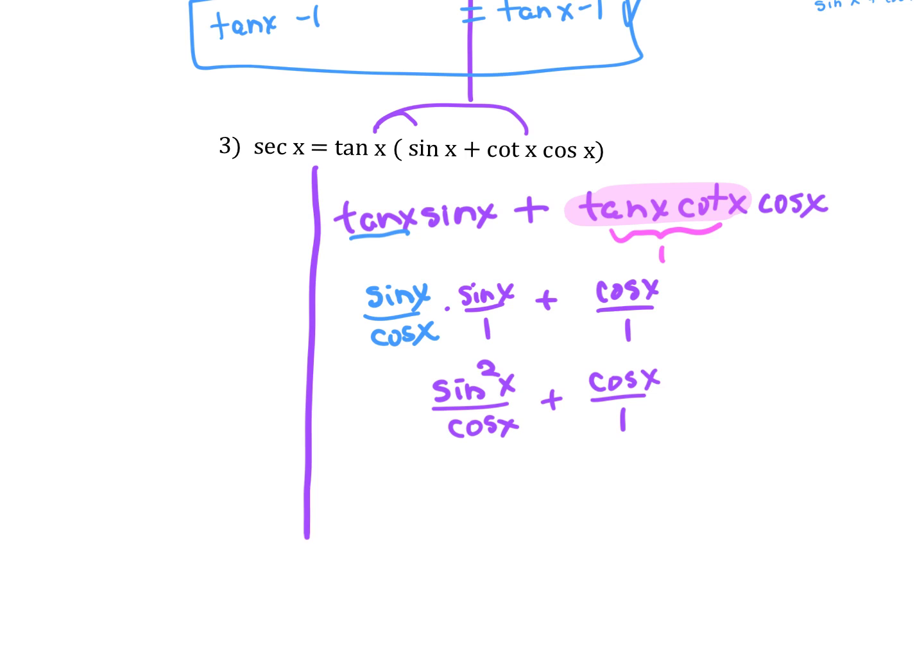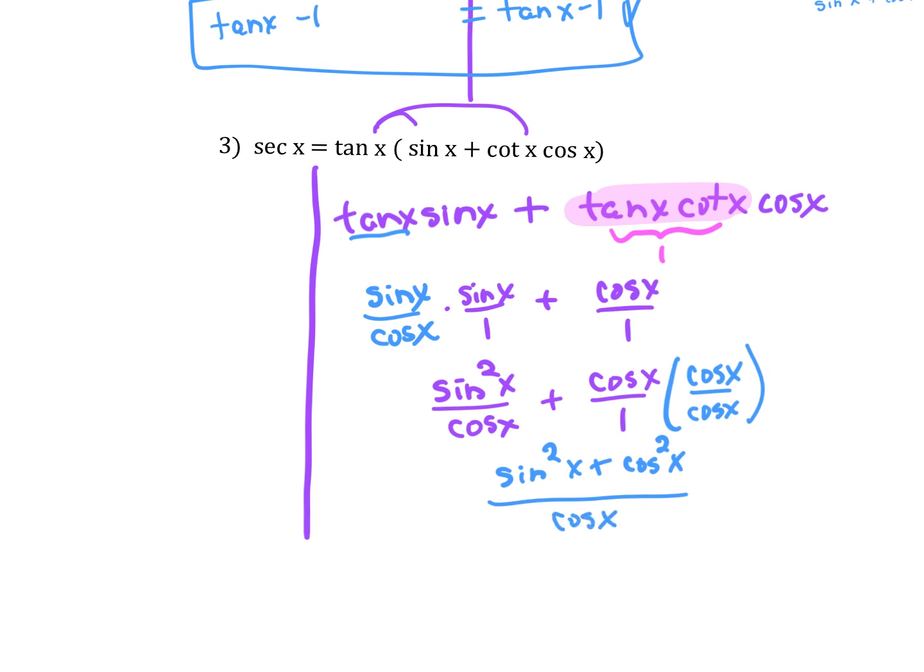There you go. So we got to multiply by cosine x over cosine x. Hopefully the format looks a little familiar to something you saw on the simplifying page that we did. There's kind of a pattern that starts to develop on some of these that I'm hoping you will pick up on.